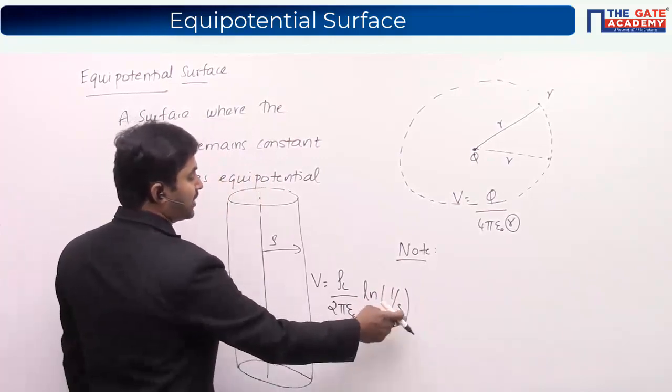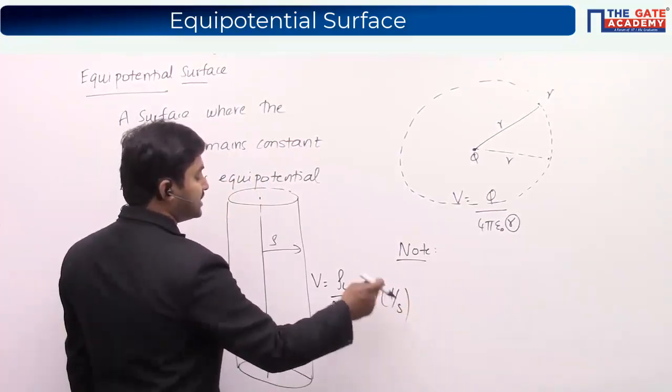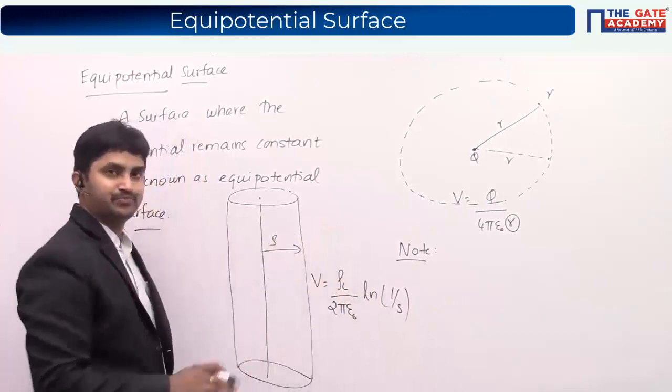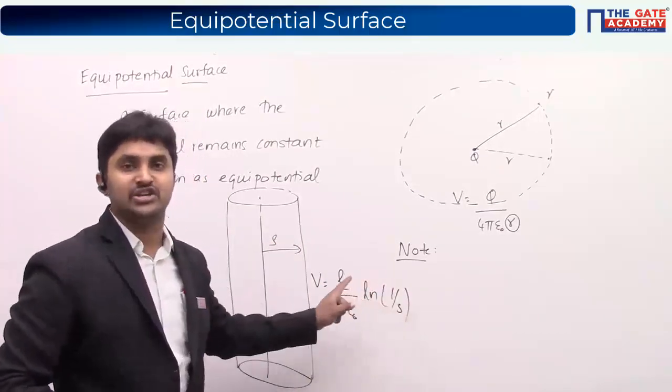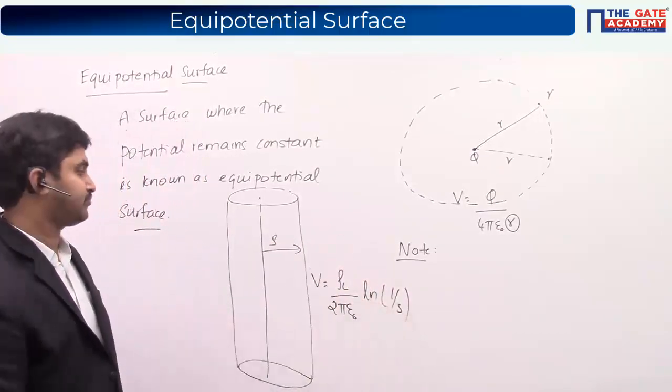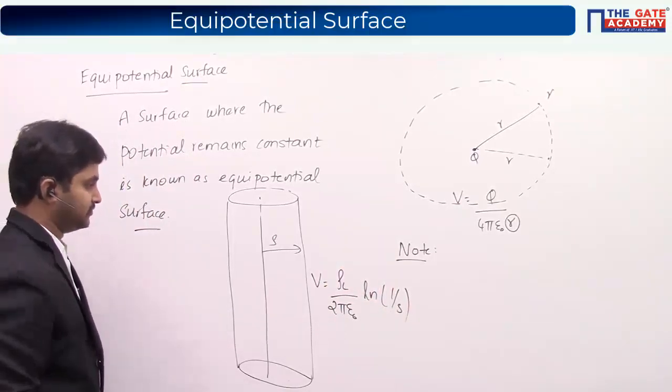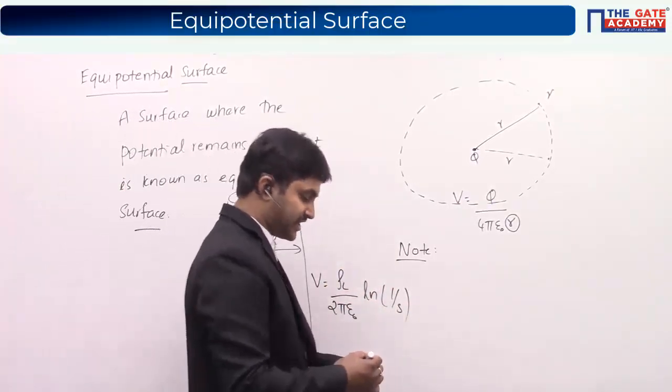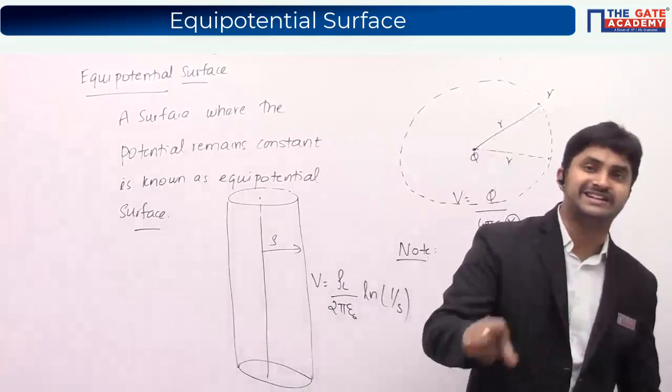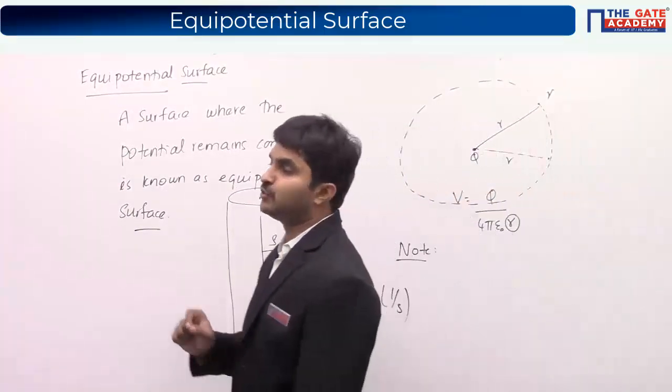If rho is constant, then the potential is also constant. So the equipotential surface in the case of the infinite line charge is a cylinder. Okay, these 2 points are important.